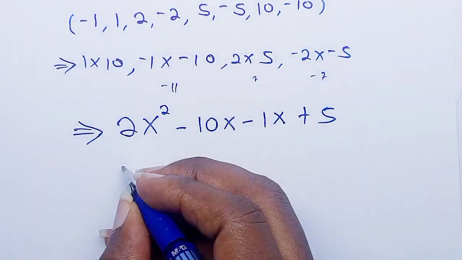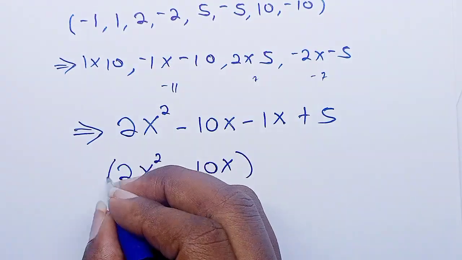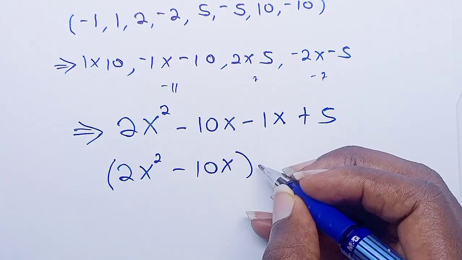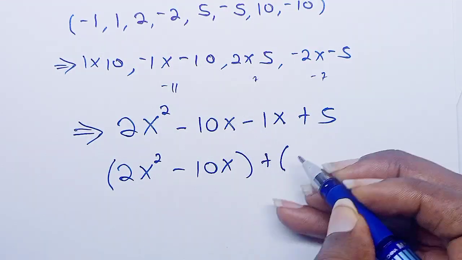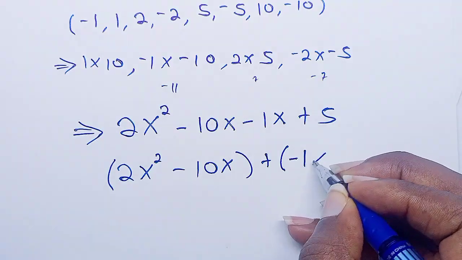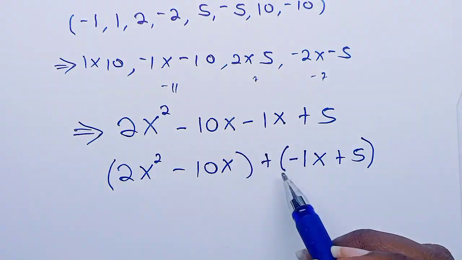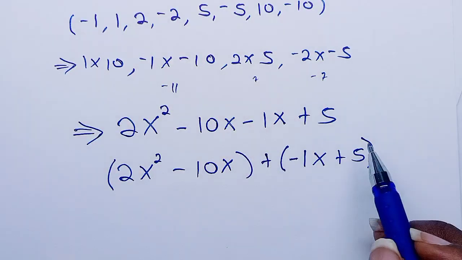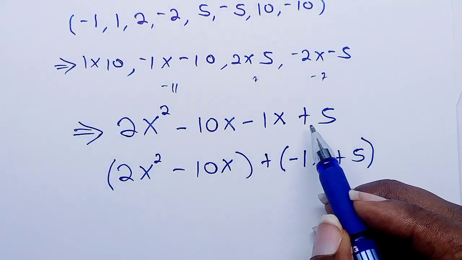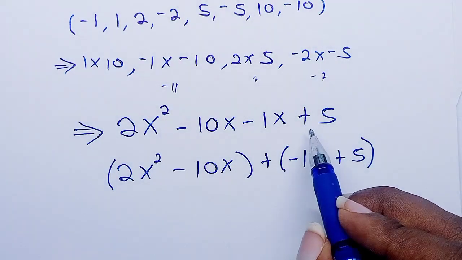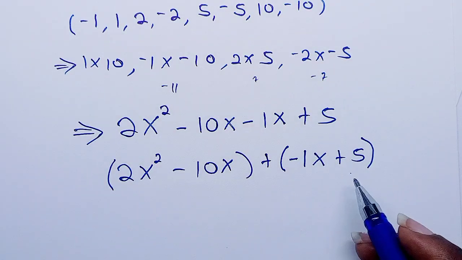When we group these, we shall have 2x squared minus 10x in one group, then plus minus 1x plus 5 in the second group. We can't leave it as negative, because if you left it as negative, it would change the sign to minus, yet we want it to remain a positive.